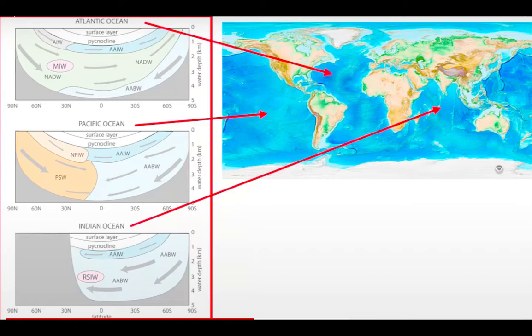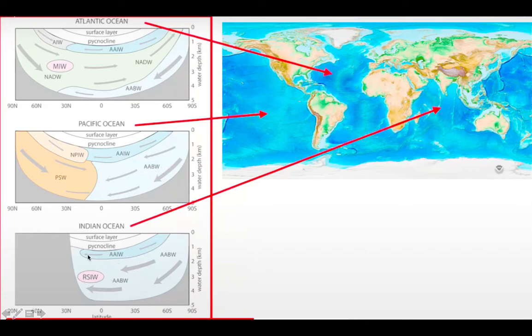Some places it is considered as subsurface. Double S लिखा दिया जाता है. And this RSIW is Red Sea intermediate water, and remaining everything is the same. So this is Pacific subsurface water. NPIW means North Pacific intermediate water, Antarctic intermediate water, Antarctic bottom water.